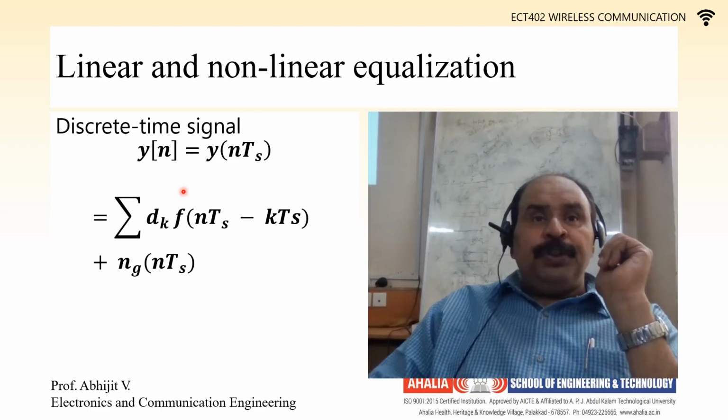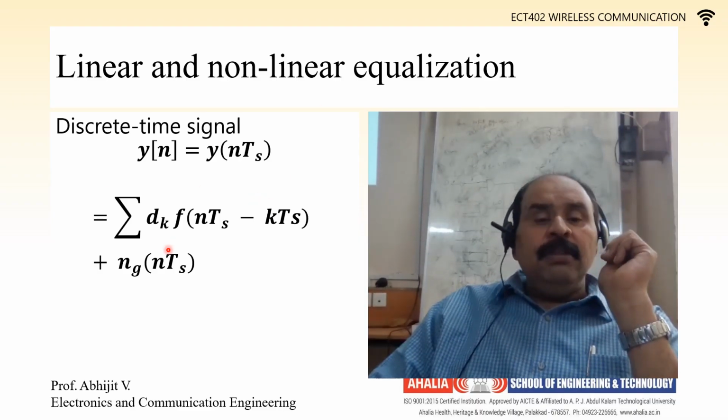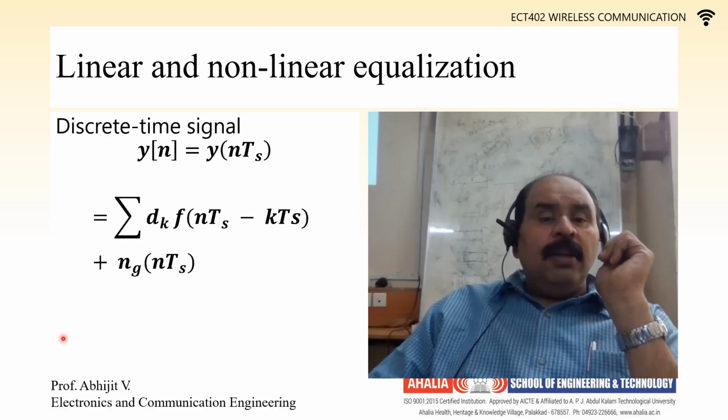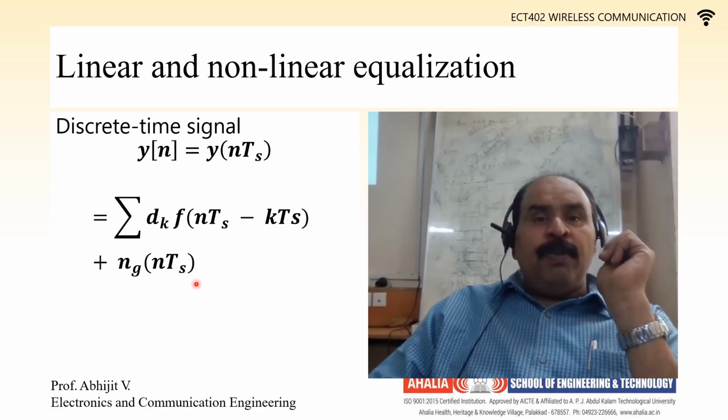When we substitute this from the previous slide, y(n) will be the sum of d_k f(nT_s minus kT_s) plus n_g(nT_s).